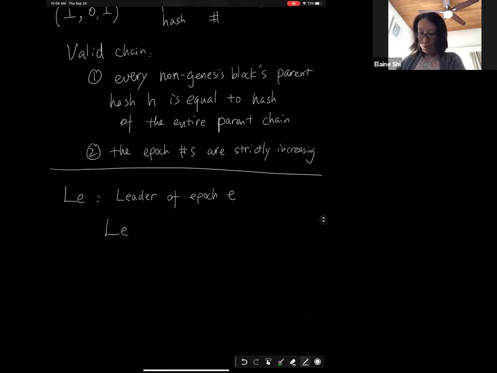Essentially, we will hash the epoch number, and this gives us the leader of the epoch. So if this hash function H is random, then we are electing a leader essentially at random every epoch.